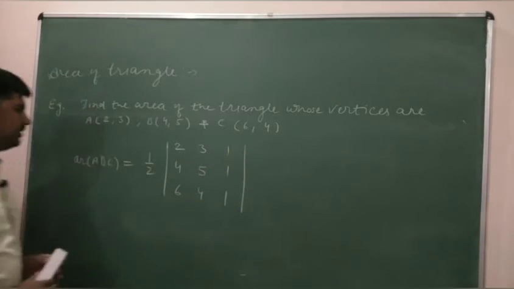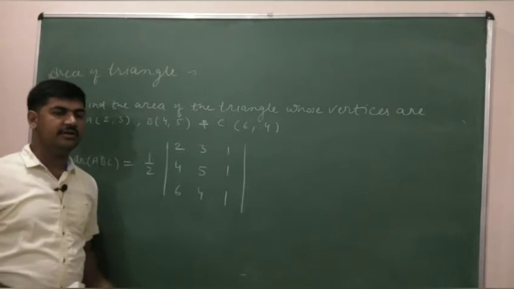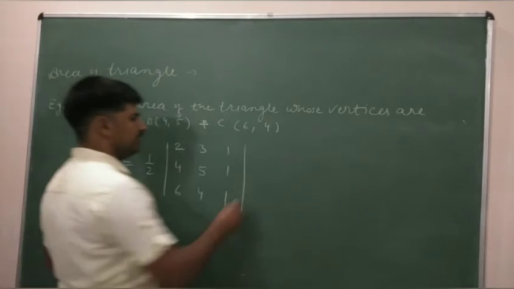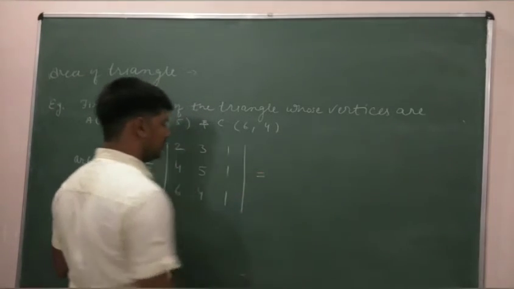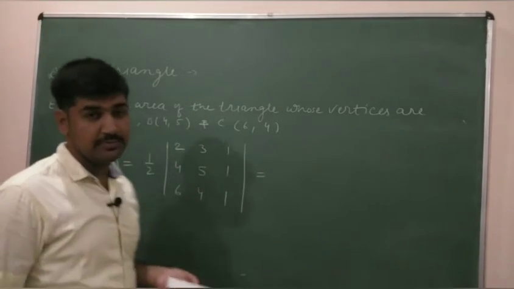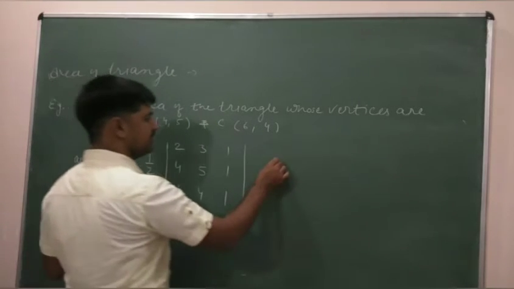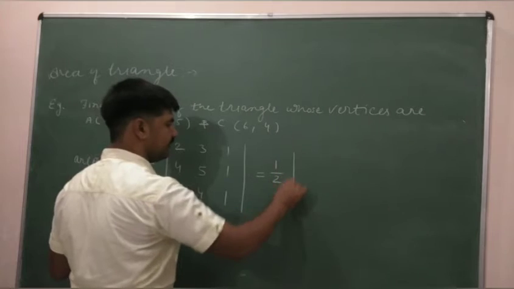So area of this particular triangle is half times this particular determinant. Now students, as we know some of the properties of determinants, I can write this determinant as half of.